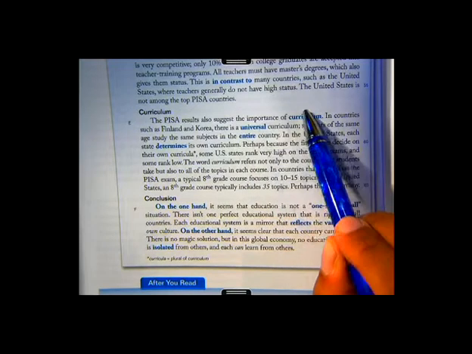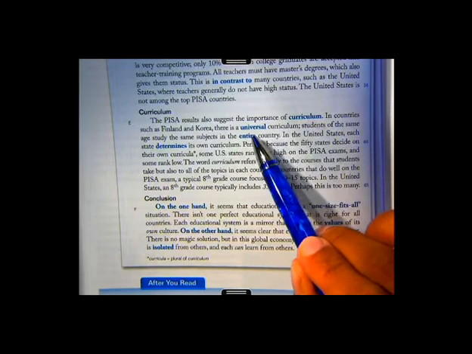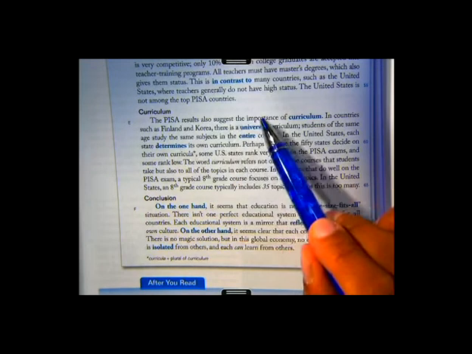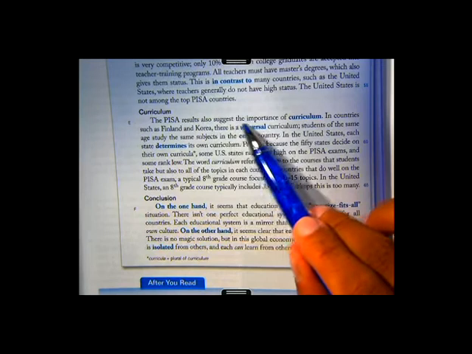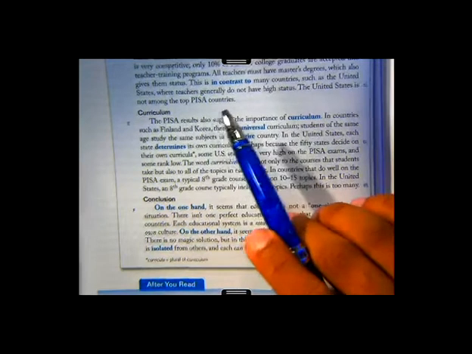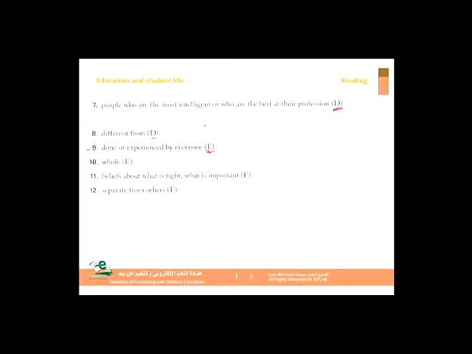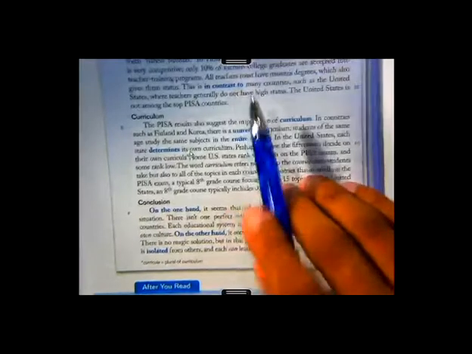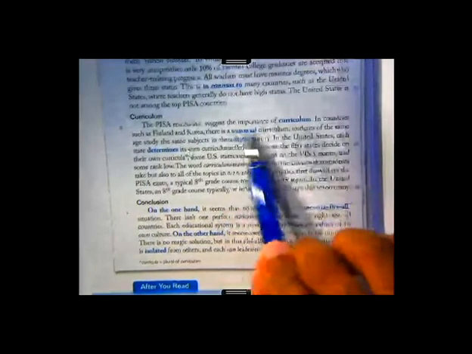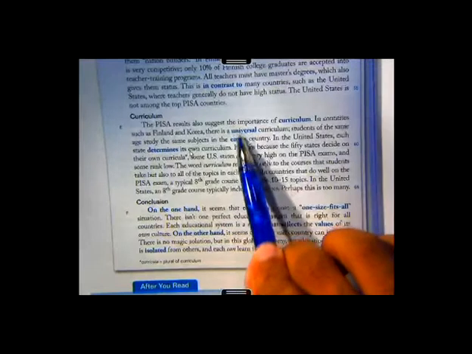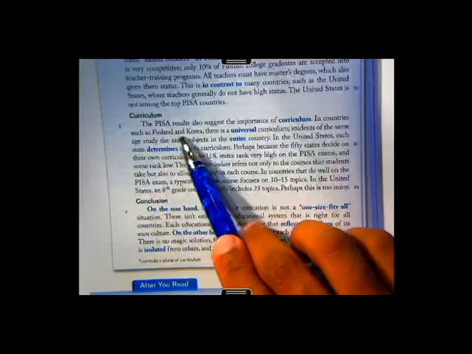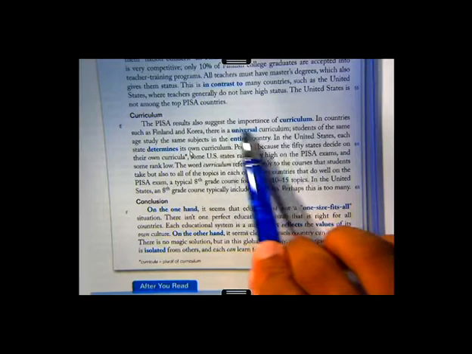All right, so curriculum, universal, entire, and determines. The correct answer here is universal. All right, let me just revise the definition here. Done or experienced by everyone. Universal, yes. So this is the correct answer. Universal. I just missed it. It's the next line. So in countries such as Finland and Korea, there is a universal curriculum.